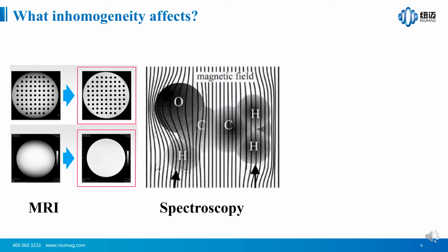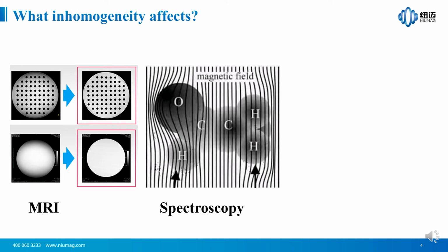For example, in the figure, the hydrogen nucleus corresponding to the arrow here is influenced by the carbon atoms, while the hydrogen nucleus on the left is influenced by the oxygen atoms and carbon atoms. So their chemical environments are different, and there is a chemical shift.